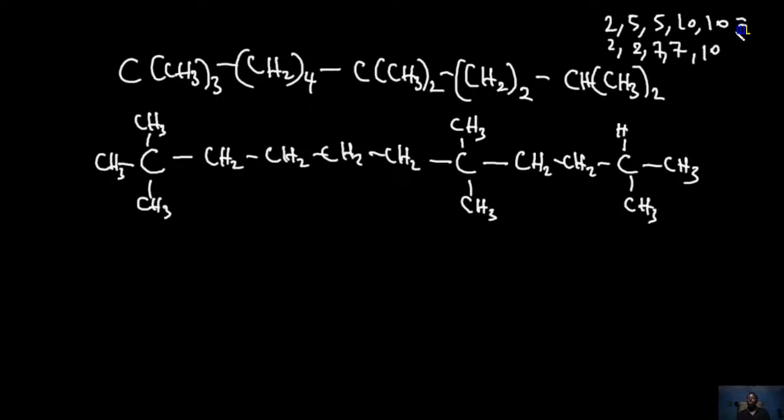Now what we are going to do is add these numbers and see which one is lower. So this is 2 plus 2, 4, 11, 18, 25, 32, we have 32 here, and here 2, 4, 11, 18, 28. So the implication is we're going to take this. Why? The locants would give a lower number with this numbering than the other numbering.